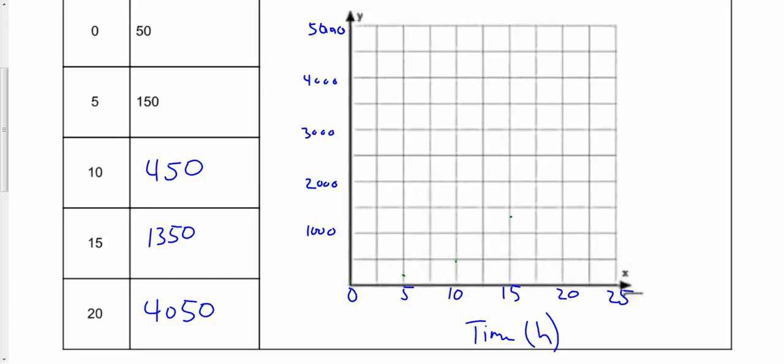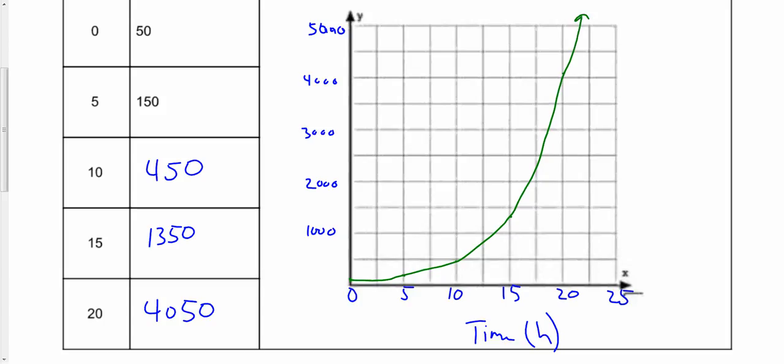So 4,050. Okay? So what I need to do is join together these dots in making my line. So I'm going to try and draw a line that connects these as smoothly as I can. And then it would just keep going up from there.